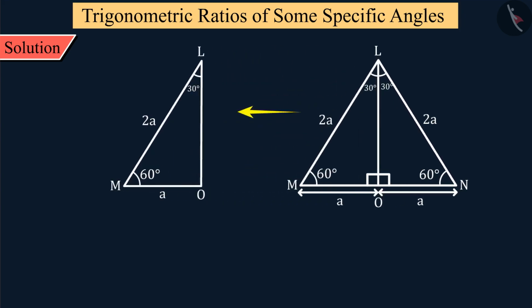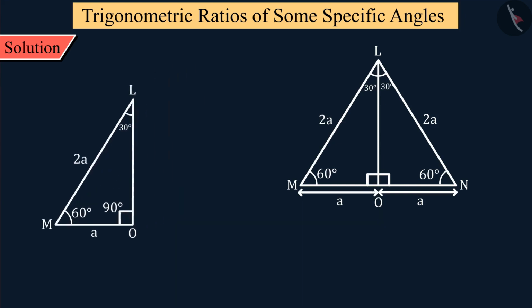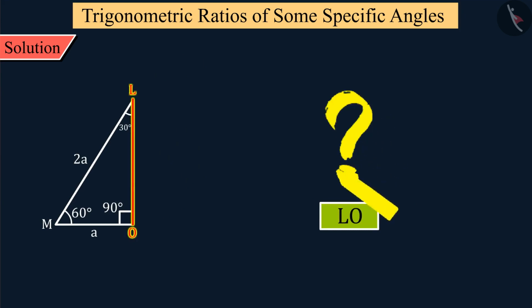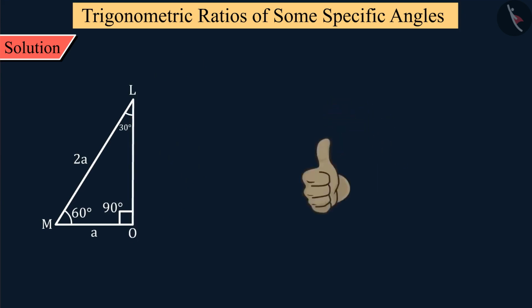In triangle LOM, we see that the angle O is a right angle. Angle L is 30 degrees and M is 60 degrees, where the measure of side OM is A and the measure of side LM is 2A. So, can you tell me what is the length of side LO?